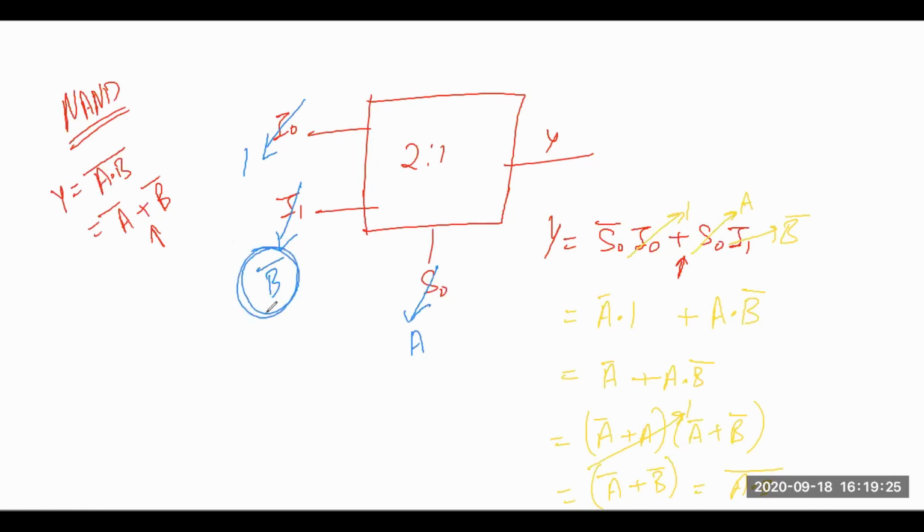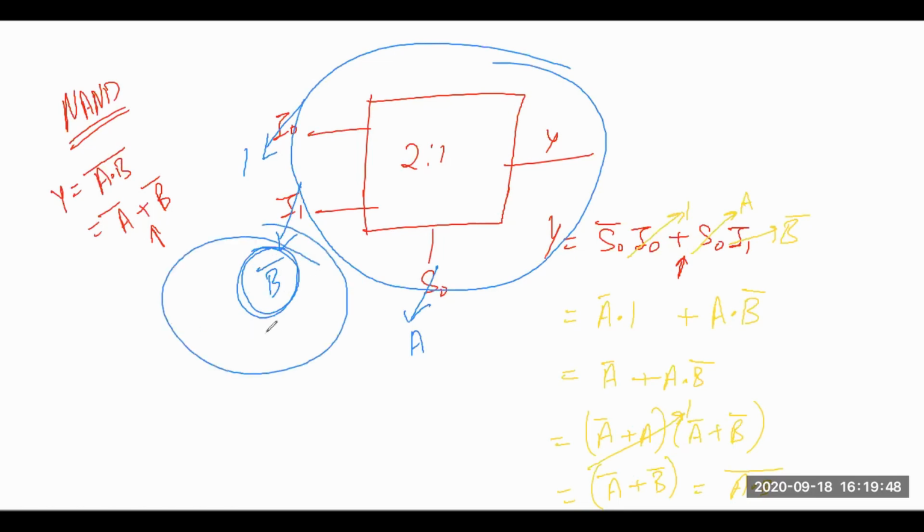and this B bar is nothing but a NOT gate. So if somebody asks you how many 2:1 multiplexers are required for implementation of a 2-input NAND gate, your answer is 2, not 1. Because one multiplexer is this one, and one additional multiplexer is required for conversion of B into B bar. This is the NOT gate.